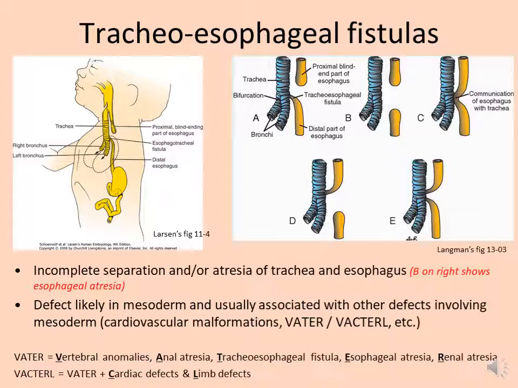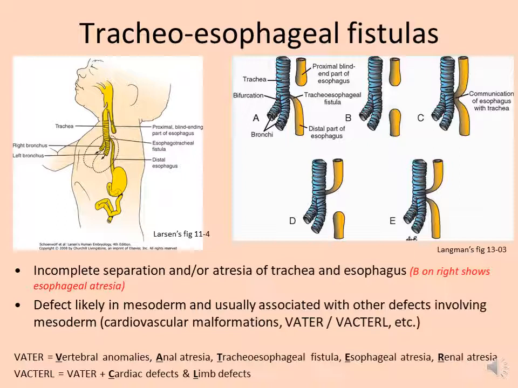So various types of fistulas can be seen, as we see in figure A, that the esophagus is separated into two parts, and the proximal blind part of esophagus is present, whereas the distal part of esophagus has a communication with the trachea.